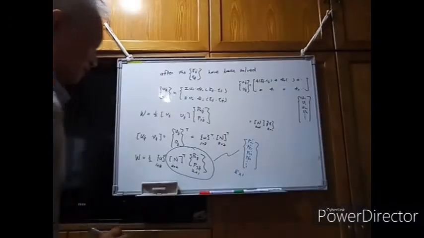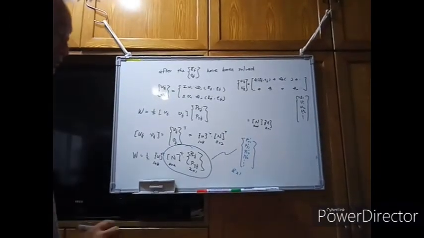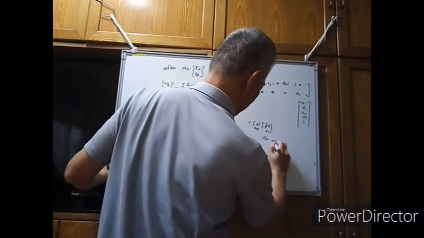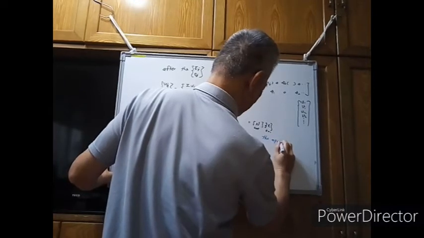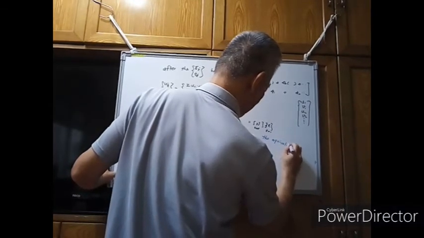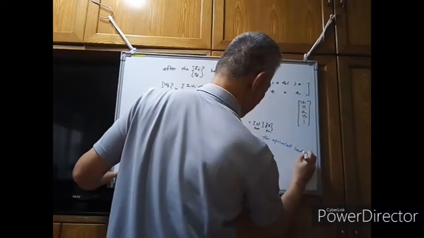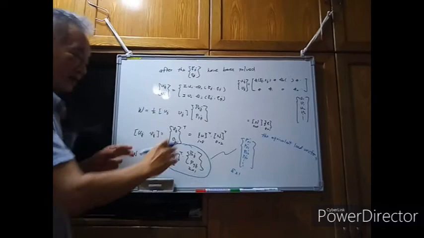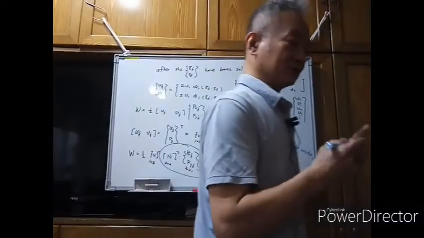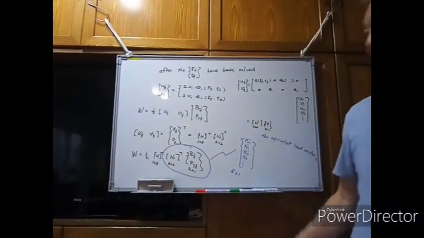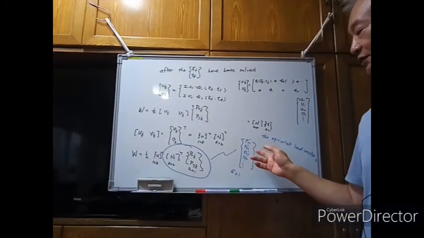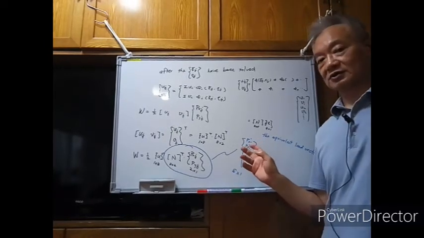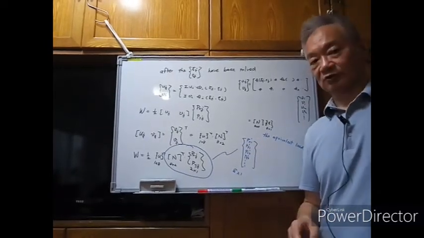This 8 by 1 vector is sometimes called the equivalent load vector. If we multiply N transpose by pxj and pyj, then you get a vector with 8 elements, and this vector is called the equivalent load vector.